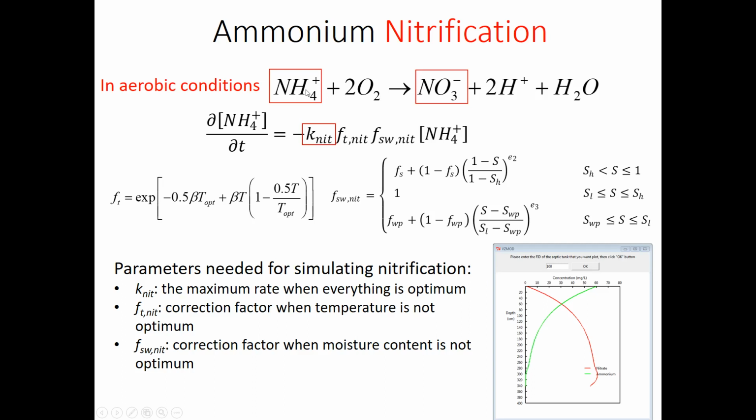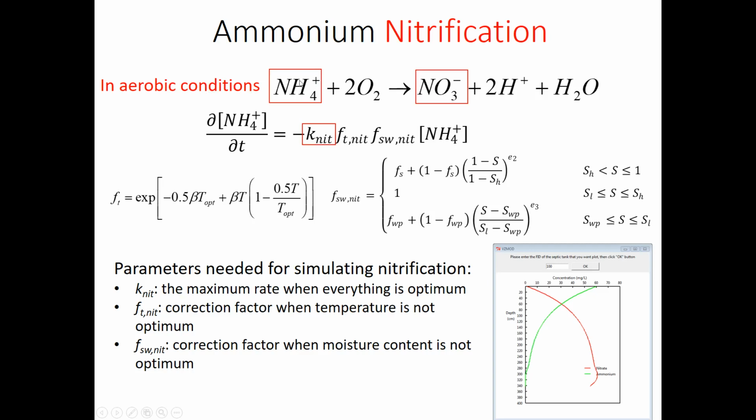You need bacteria to go through several steps from ammonium to nitrate, but we put it in a simple way. This reaction requires oxygen, which means it happens in aerobic conditions. That is perfectly fine for soil, because in soil particles you have water and air, so nitrification is going to occur.